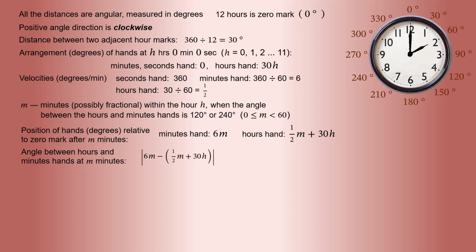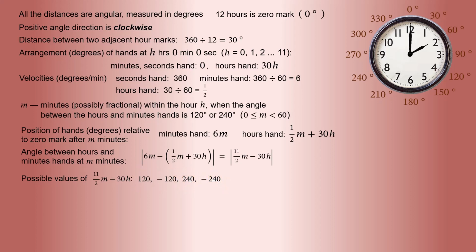However, what we actually need is the absolute value of this difference, as we don't know which of the hands is ahead. Then we simplify the expression, and given that the angle must be either 120 or 240 degrees, the expression under the absolute value sign may take one of the four possible values: plus or minus 120, plus or minus 240.